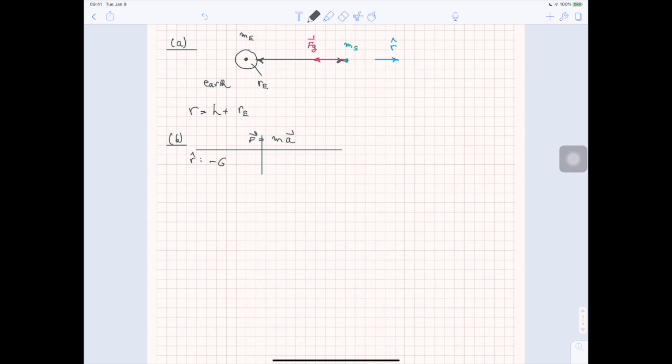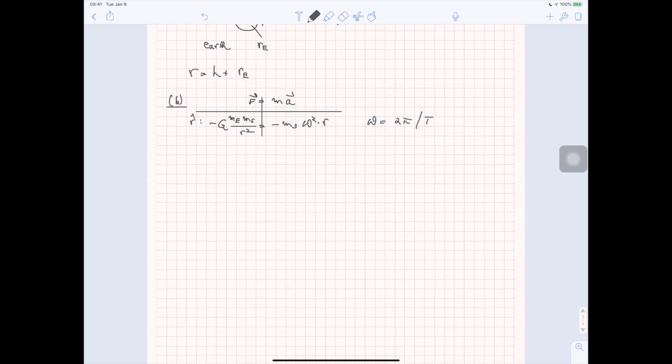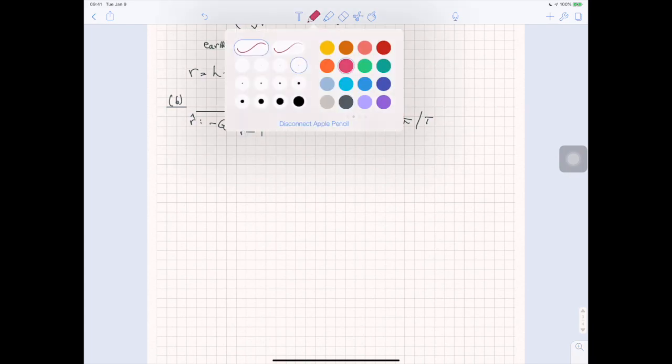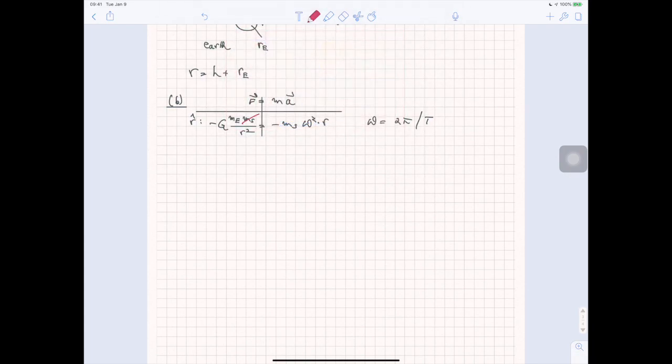We have minus G, you have seen this in one of the concept questions before, mass of the Earth times mass of the satellite divided by r squared equals minus mass of the satellite times omega squared times r. And omega equals 2 pi divided by the known period T. So that's basically it. That was part B, where you were asked to formulate the second Newton law.